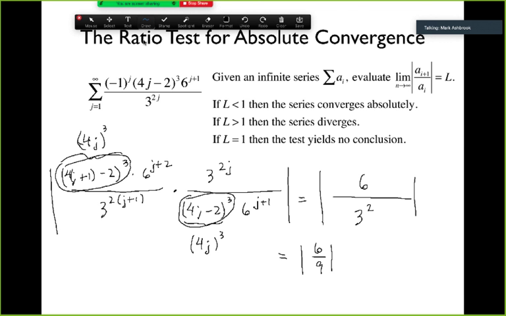So this is approaching, as j goes to infinity, conclusion? Convergent. Converges absolutely.